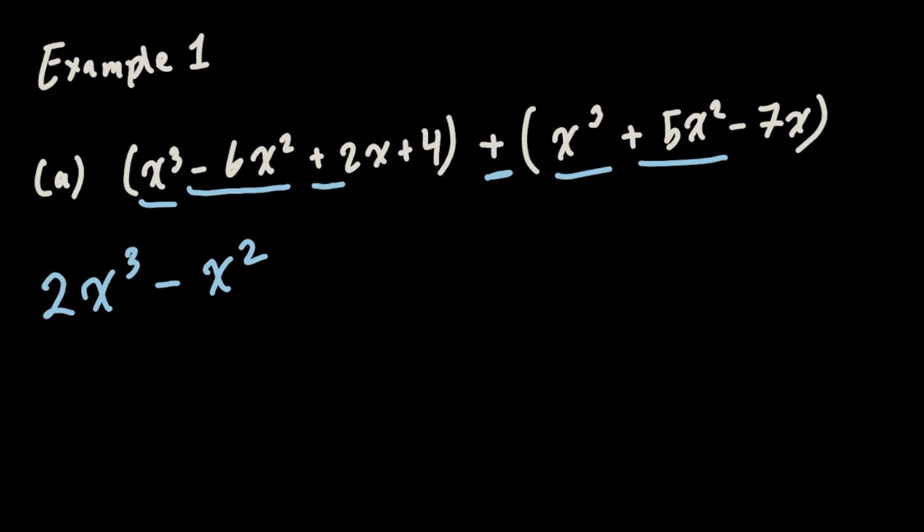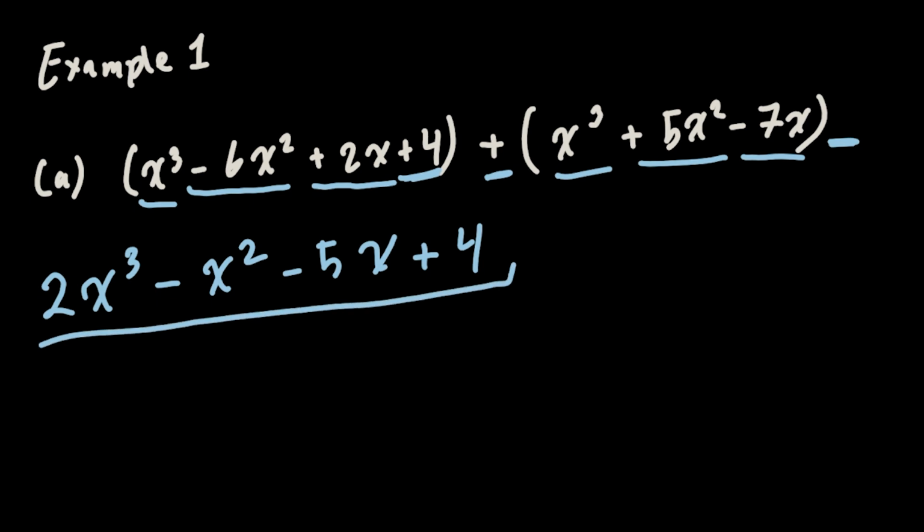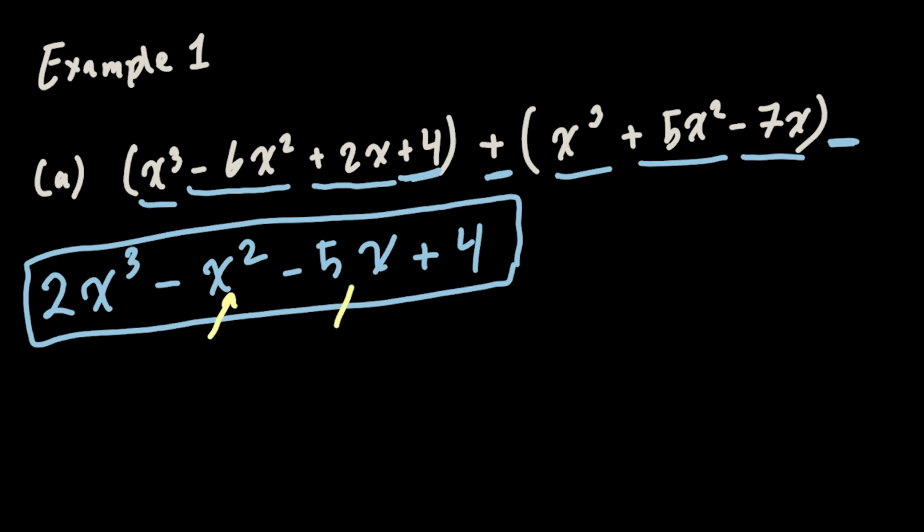And here we have 2x and here minus 7x, so the result will be minus 5x. And here we will have plus 4. If you look at this solution, you'll notice that we cannot simplify it more. We cannot sum this term with this term, because here we have power of 2 and here we have power of 1. So we'll just leave the answer in this form.